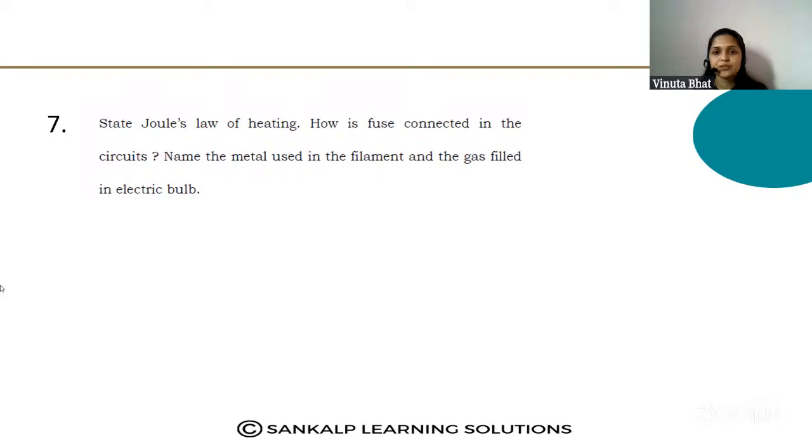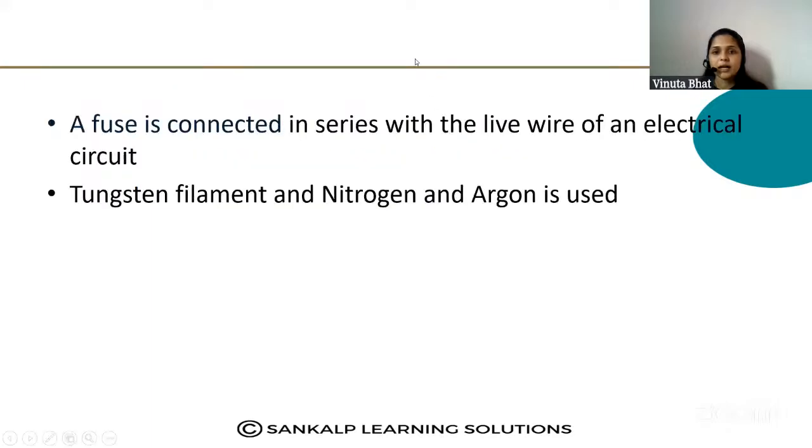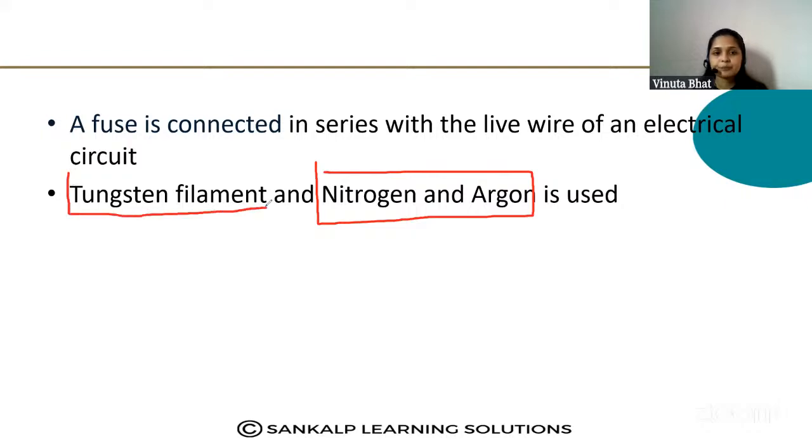Argon and nitrogen are used inside the electric bulb. Very important. Nitrogen gas and argon gas are used here, and a tungsten filament is used inside the electric bulb.